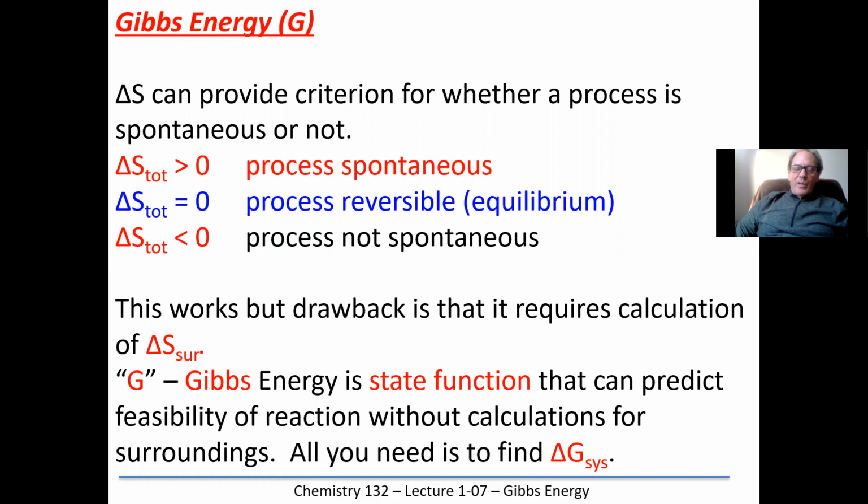Some people call it Gibbs free energy, but there's no such thing as free energy, so I'm just going to call it Gibbs energy. All we need to do is find the Gibbs energy of the system in order to establish whether it's spontaneous or not.